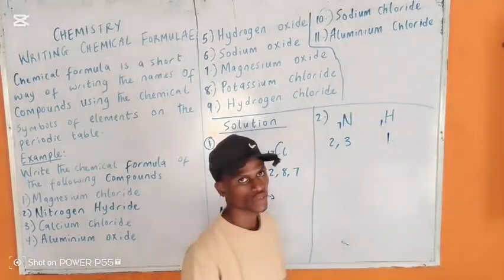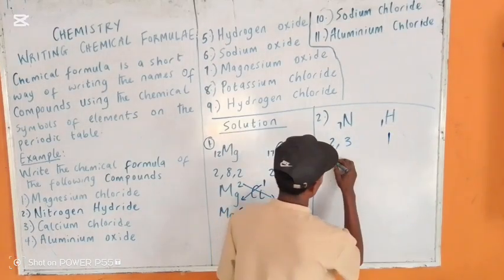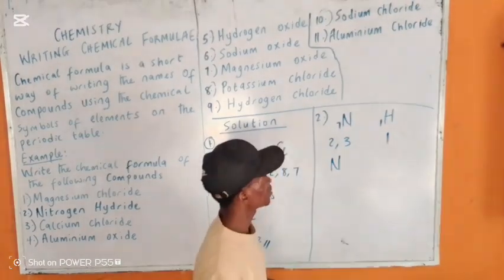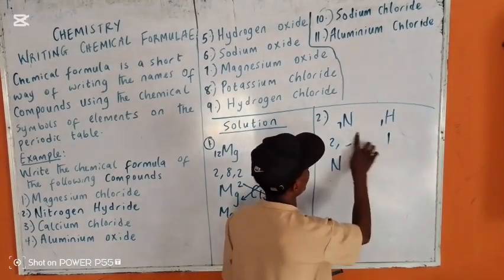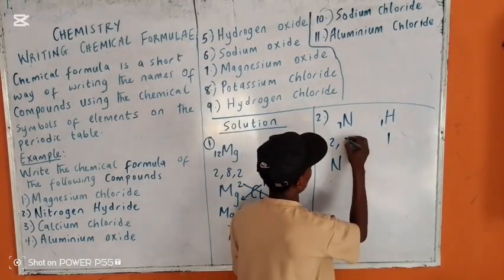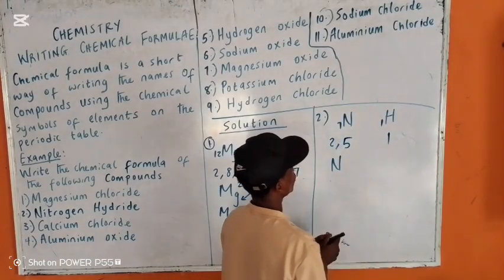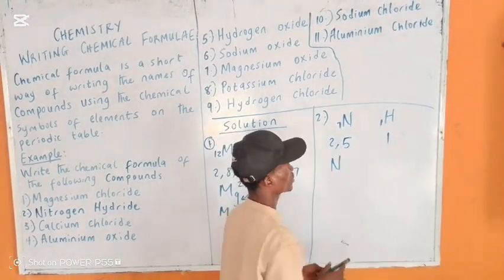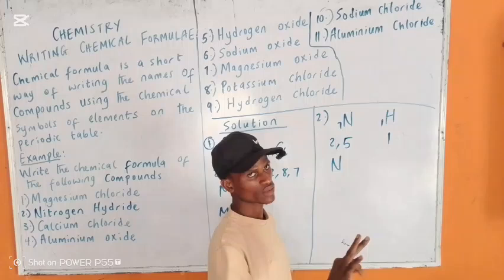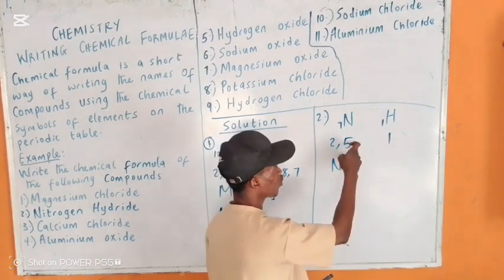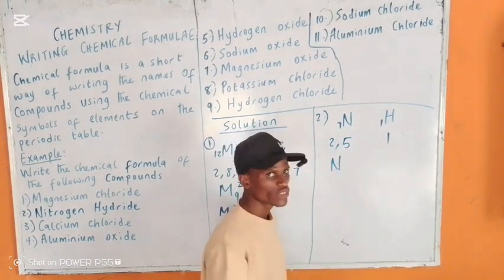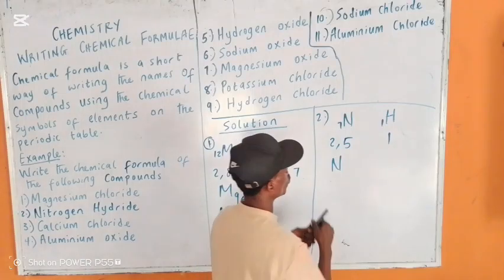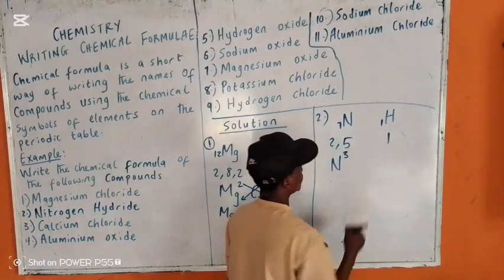So nitrogen here needs what? It needs 3 to attain the octet rule. I repeat, nitrogen needs 3 to attain its octet rule. So we have 3 here.